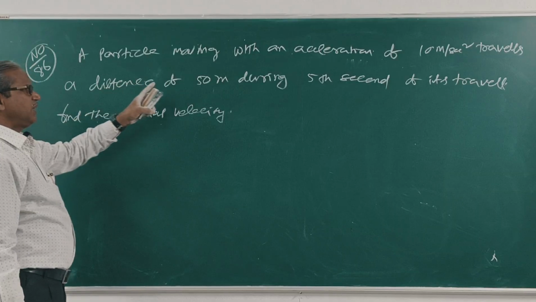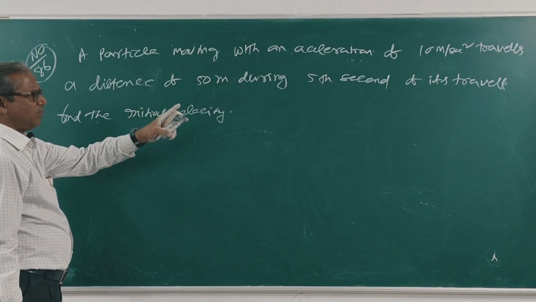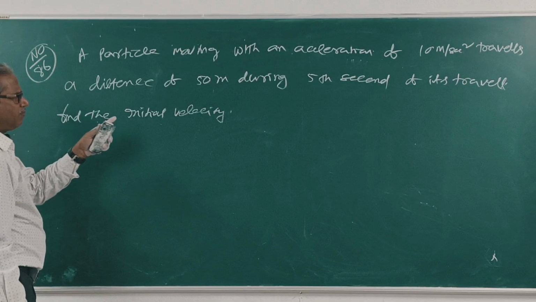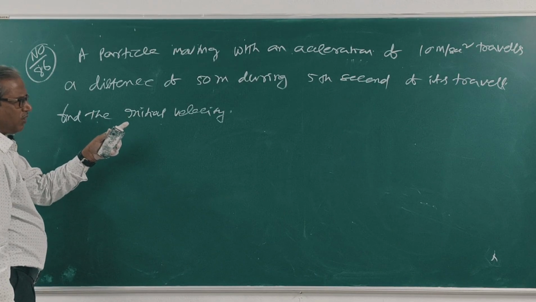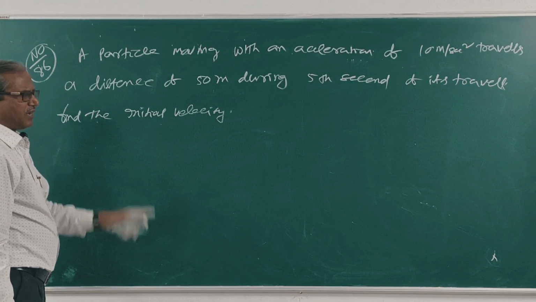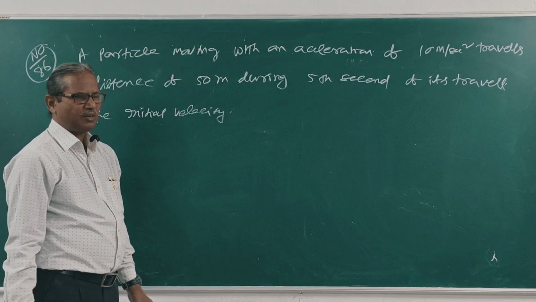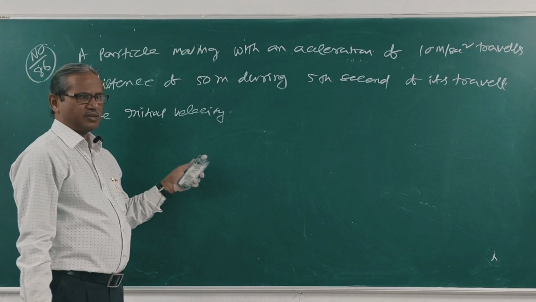The question is, a particle moving with an acceleration of 10 meter per second square travels a distance of 50 meter during the 5th second of its travel. Find its initial velocity.